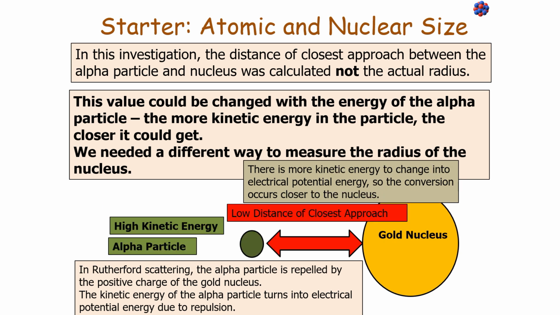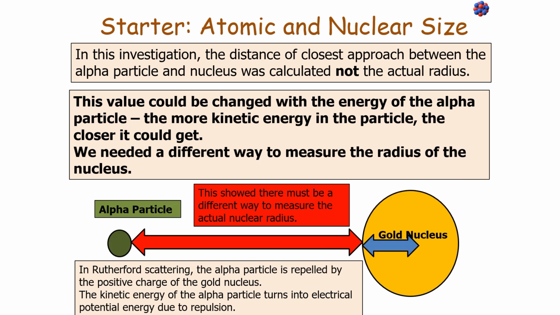Whilst if your alpha particle has a high kinetic energy, you've got a small distance of closest approach because there's more kinetic energy to change into electrical potential energy, so the conversion would occur closer to the nucleus. So this shows that we can't actually get one standard value for the nuclear radius by this method because it depends on the kinetic energy of the alpha particle, so there must be a different way needed to measure our actual nuclear radius.